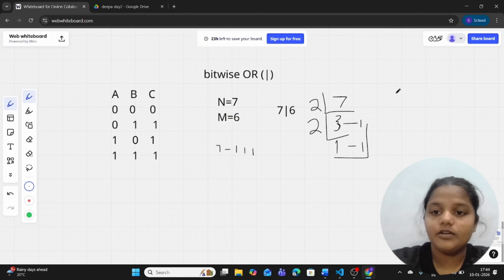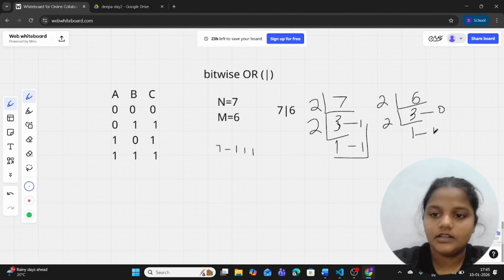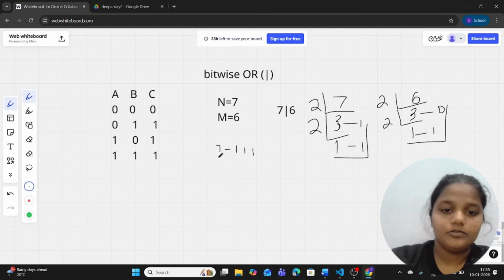Now we are going to find it for 6. 2 threes are 6, the remainder is 0. Now 2 ones are 2, the remainder is 1. We read from down to up.